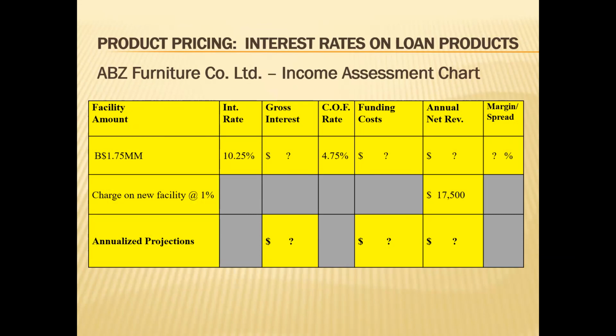The interest rate is 10.25%. What in dollar value is 10.25% of 1.75 million? 179,375. Okay, great, good stuff.